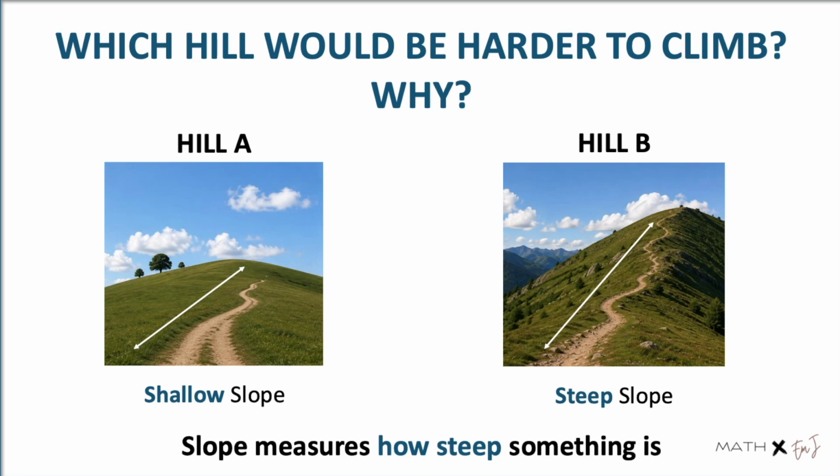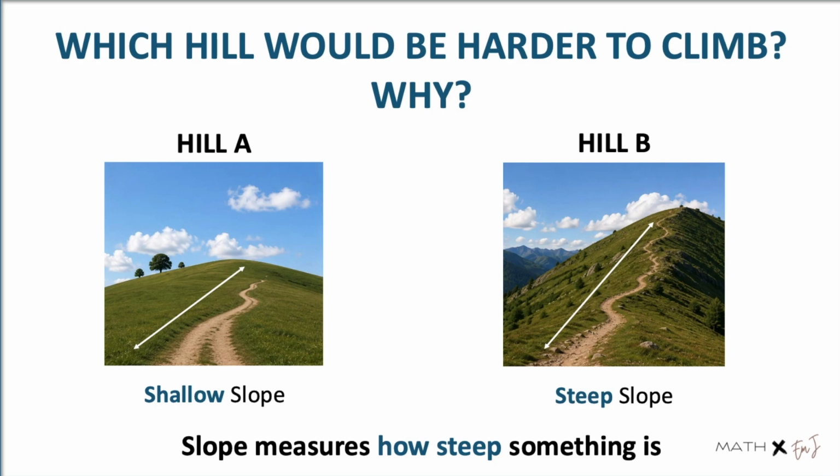But of course in math, we don't deal with hills, we deal with lines and graphs of lines. But the idea is exactly the same. Later in this lesson, we're going to learn how to calculate slope. And sometimes when we start adding formulas and numbers, things feel a little bit more complicated than they actually are.